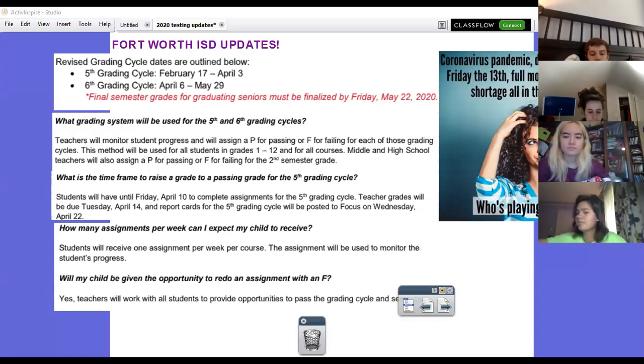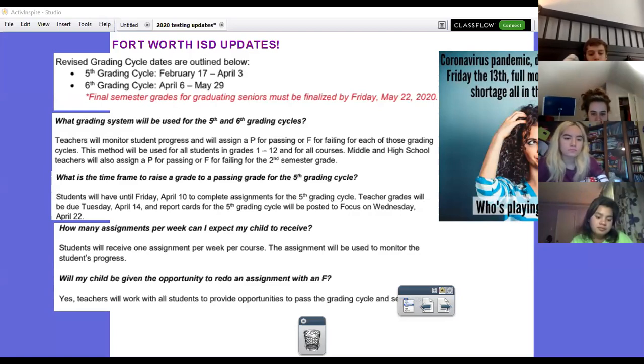So what exactly does this mean? There were a lot of questions for all the math teachers whenever we found out about this. You're still going to log into Focus and see a grade. The only difference is I'm going to calculate your grade, and if it's a 70 or above, you get a P. If it's below a 70, you get an F. That's for the 5th 6 weeks and the 6th 6 weeks, which we currently find ourselves in now.